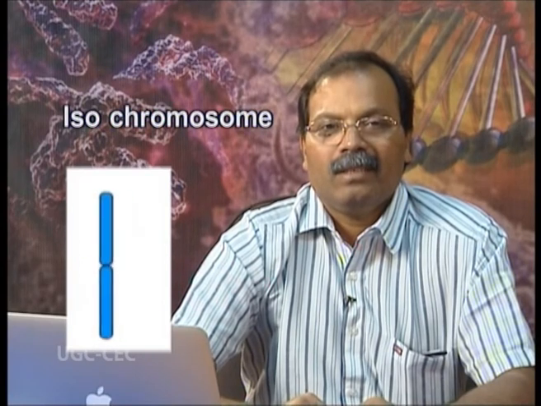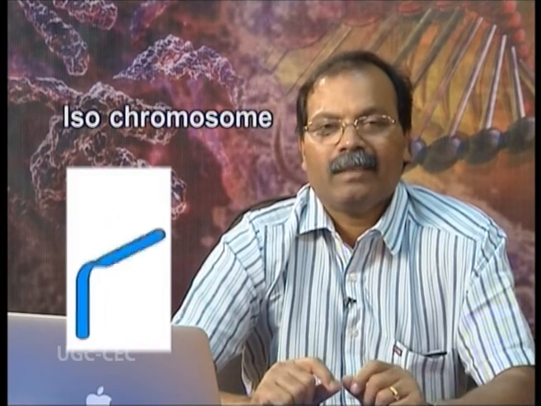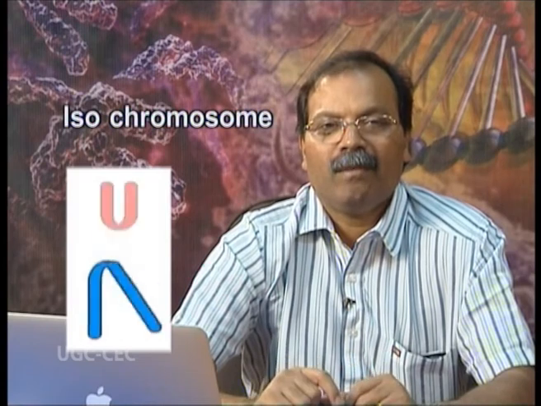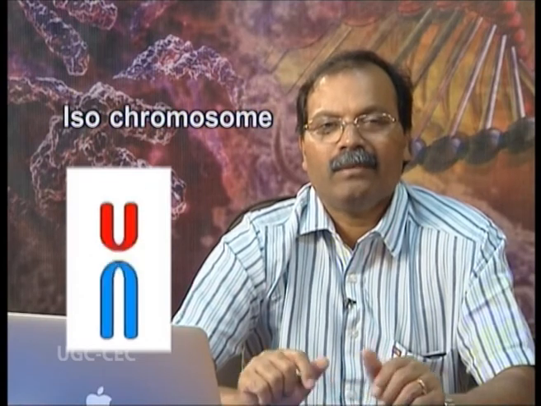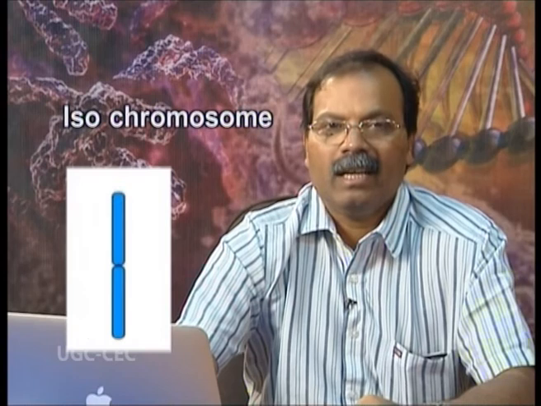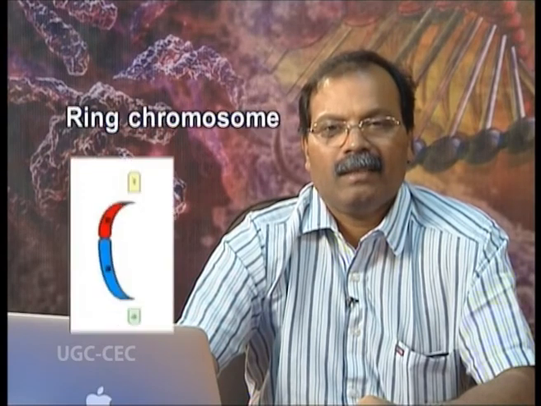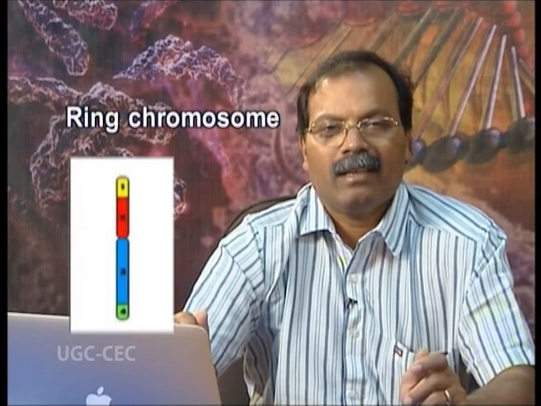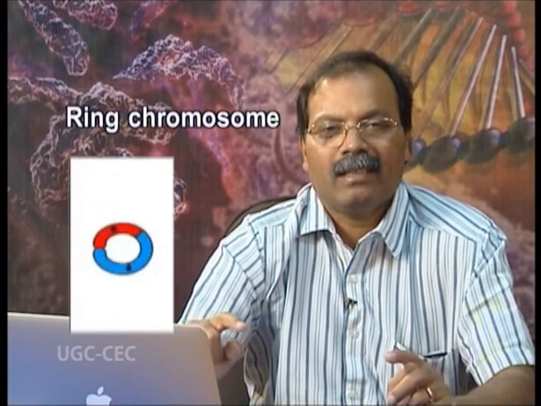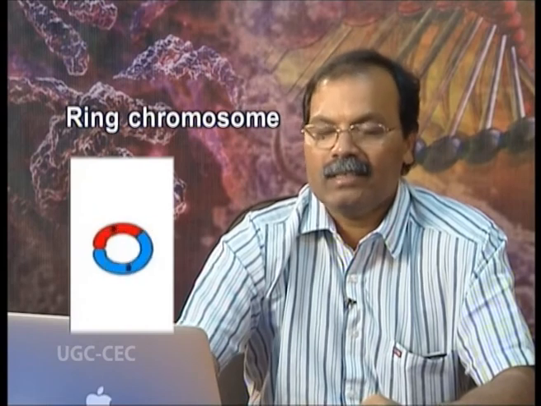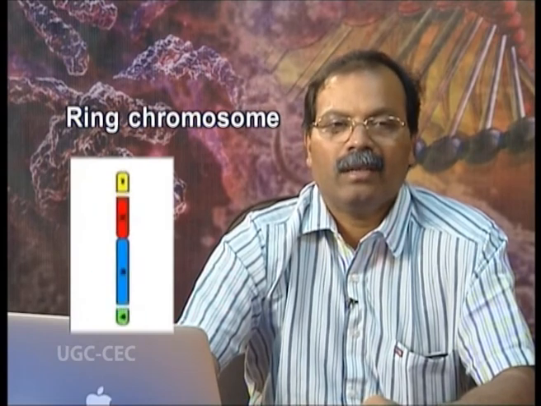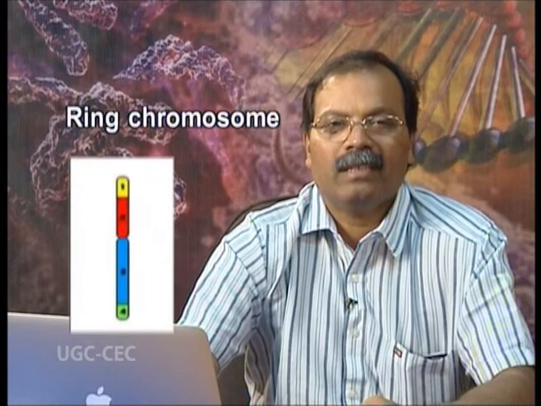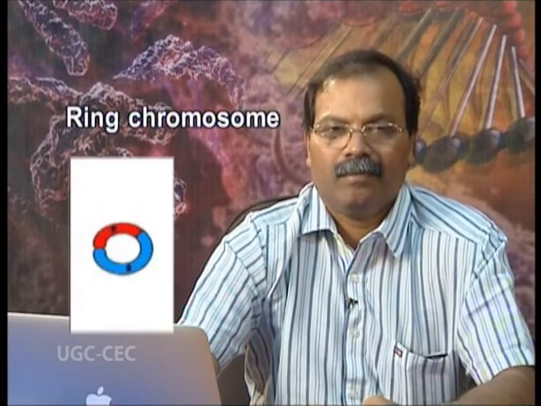So, rather than having a P arm and Q arm, we will have one arm with two copies. It is called isochromosome. I also mentioned about ring chromosome, where both ends of the chromosome break and the broken ends rejoin, giving rise to the ring chromosome, which is circular in shape.